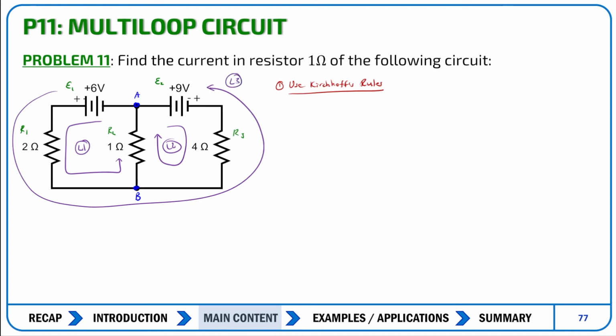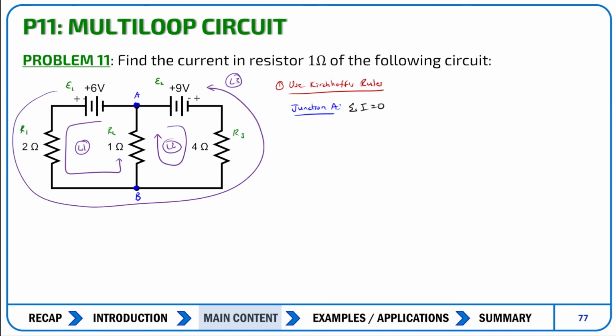So there's 3 loops. I'm going to focus on junction first. So let's look at junction A. For junction A, we know that the sum of all currents must be 0. There's a current coming from I2, and then it's going to leave towards I1 and I3. So I'm going to have to label the currents now.